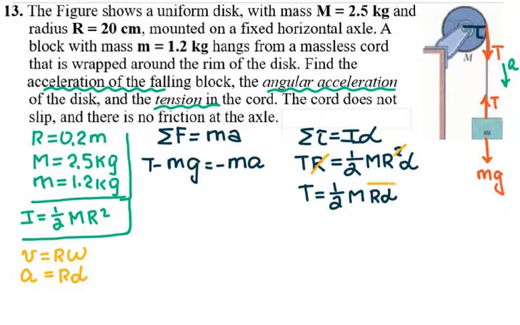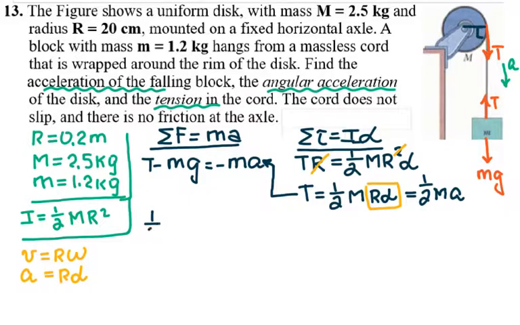So here I see r alpha, so I can rewrite this as 1/2 m and linear acceleration. Then I'm going to plug it into my first equation, because I have a system of two equations. I use two equations to solve my problem. So now, instead of T, I have 1/2 ma minus mg equals negative ma.